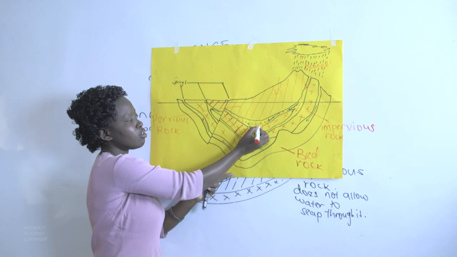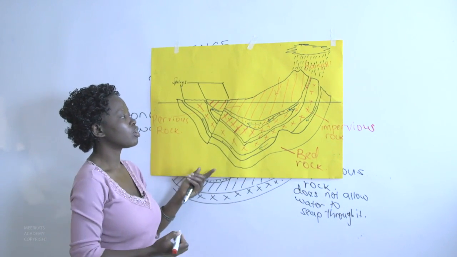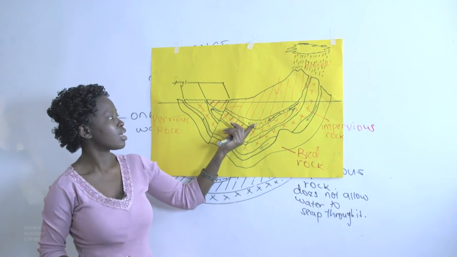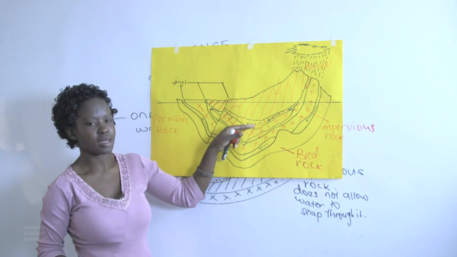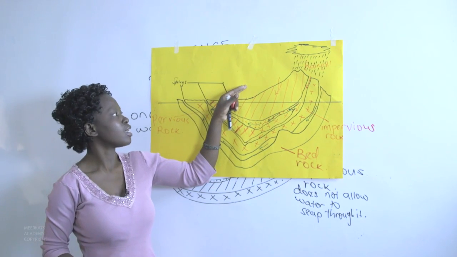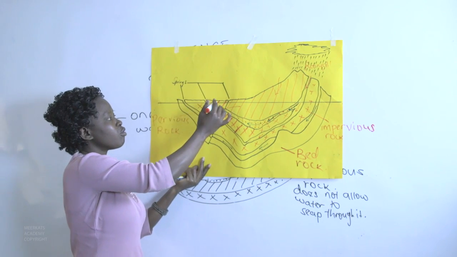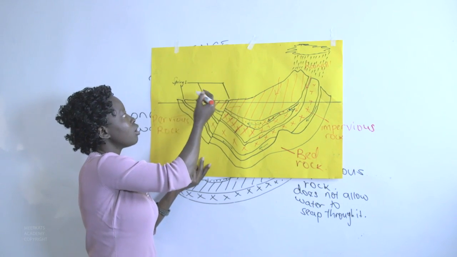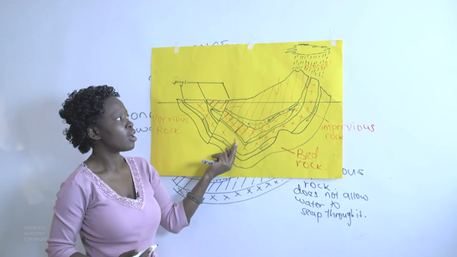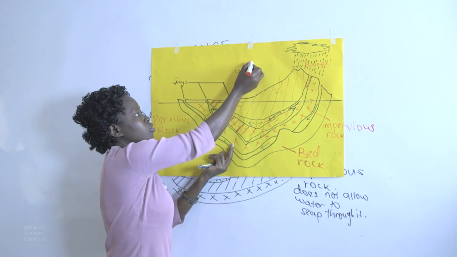So this water that is trapped in between the pervious rock and the impervious rock is what we are calling the artesian basin. For this artesian basin that has been formed underground, the water has to reach the surface of the earth. The water can reach the surface through construction of wells and boreholes, or springs can cause this water to reach the surface, or alternatively, the windmill can be constructed.